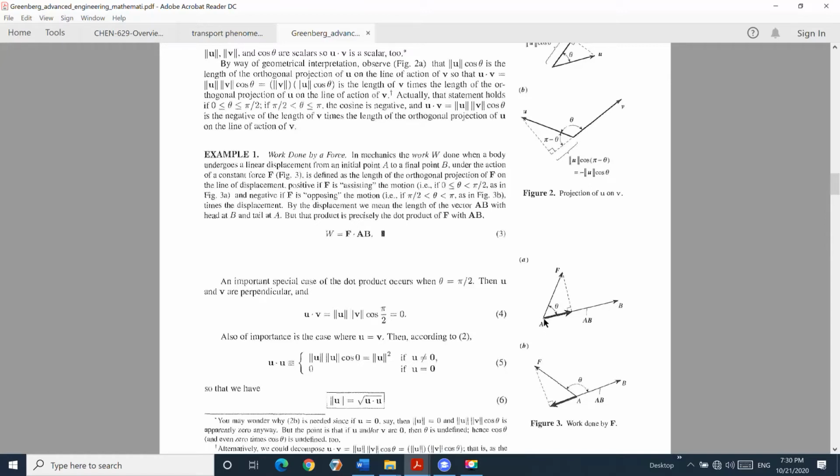Displacement: how far B is from A, with the head at B and the tail at A. The product of F with AB, so the work done on this body to take it from point A to point B, gives the dot product between F, the force acting on the body, and AB, the vector AB.